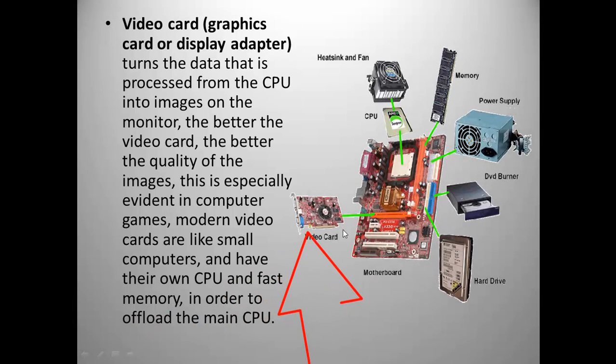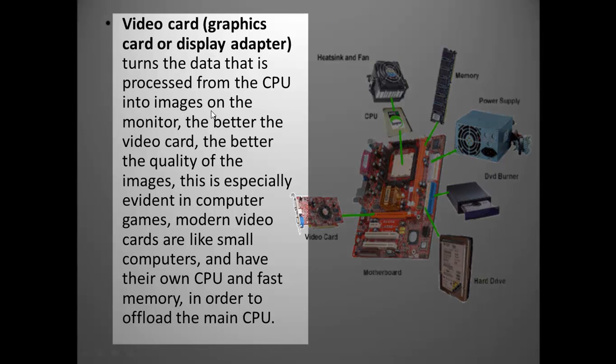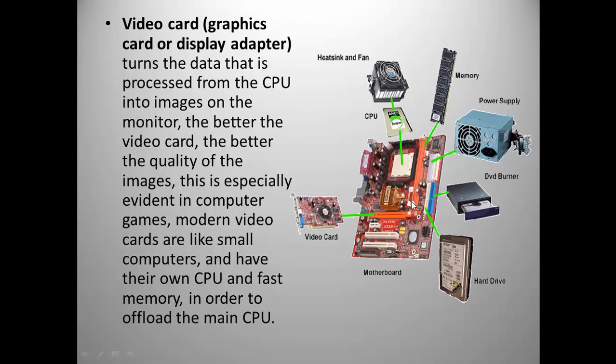This is the video card or the display adapter, and this is the CPU. So if we've got an imaging process, it happens here. It comes from here to the motherboard, and then it goes here, and the processing happens here.